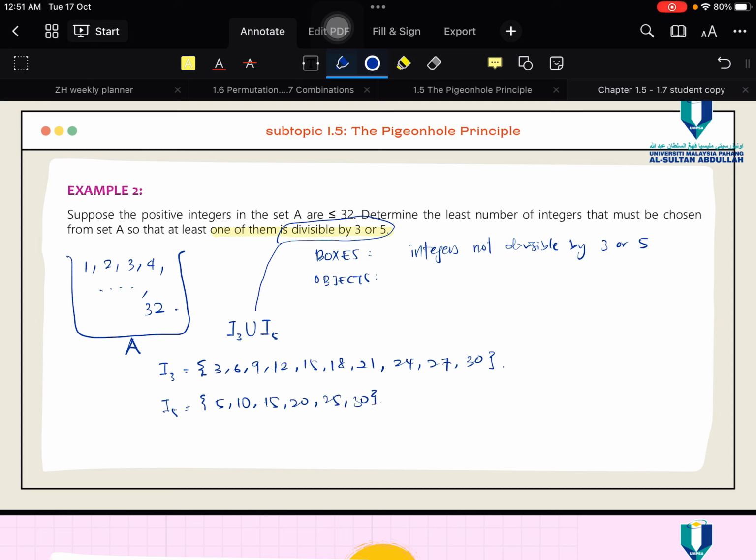Okay, so kalau kita unionkan dua-dua ni, integer boleh bagi 3, integer boleh bagi 5. Kalau kita nak unionkan dia, kita kena tengok ada tak yang redundant kan. Kita akan nampak ada kat sini 15 dan 30. Okay, so the union mesti kena exclude the redundant tu. Kalau you all ingat lagi, the inclusion exclusion principle kita boleh guna.